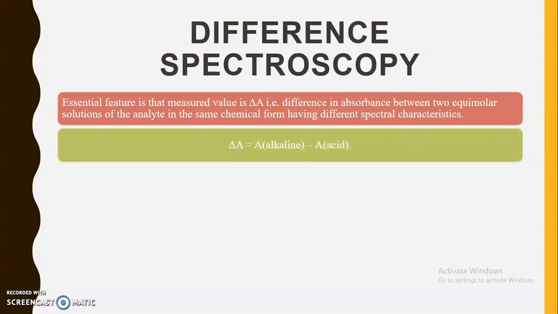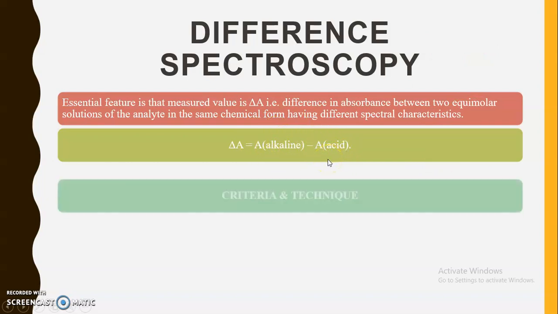Here what happens, the compound shows different absorbance in different solutions, say for example in alkaline medium or in acidic medium. So for that purpose, here we are going to utilize the value of delta A, which is calculated as the absorbance in alkaline medium minus the absorbance in acid medium.